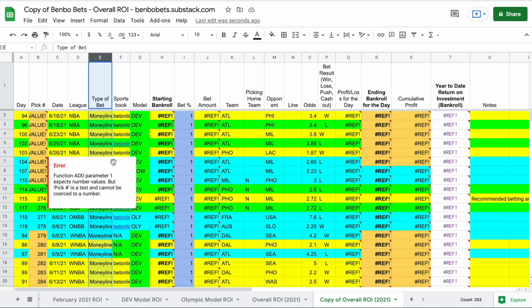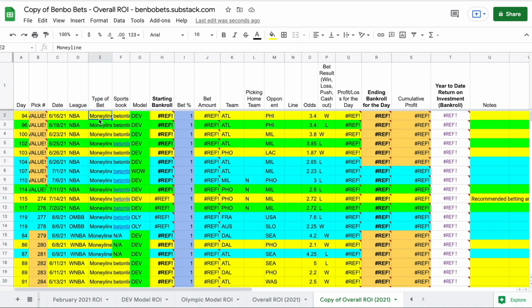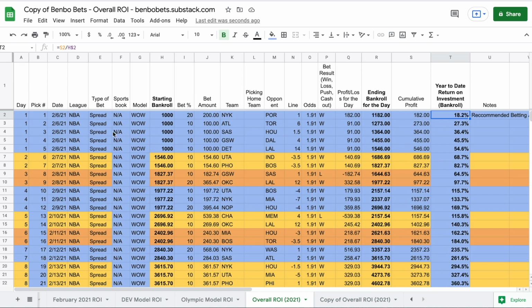Now, just a note: with, say, moneyline, these autofill categories probably won't work correctly, because these autofill categories are set from the overall sheet. So, for example, it autofills with R13, right?